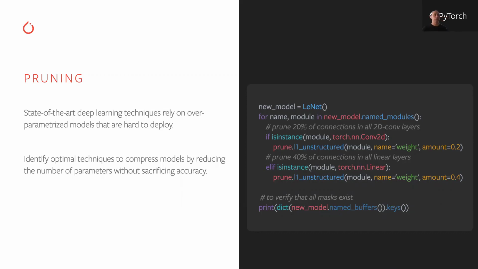So if you look at pruning, this is an area where you have these over-parameterized models, potentially with hundreds of billions of parameters. And so how do you optimize that model? How do you compress that model down by reducing the number of parameters without sacrificing accuracy? That's a fundamental premise of pruning.